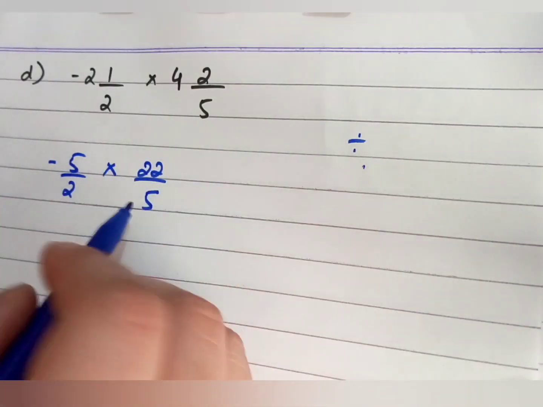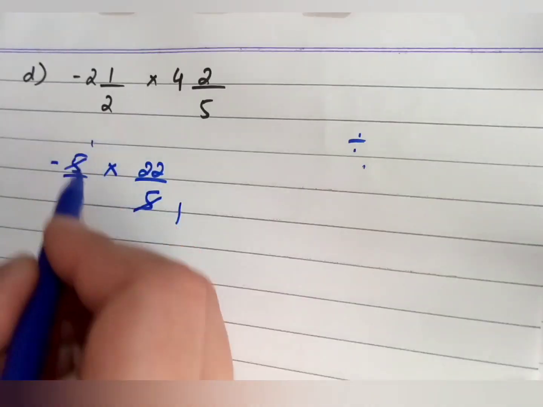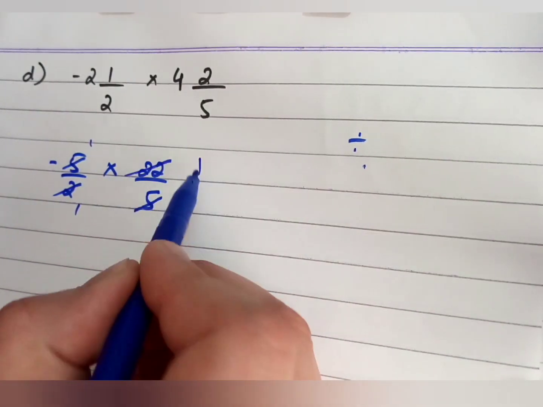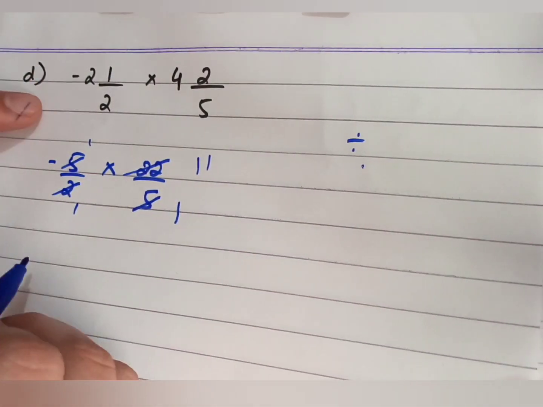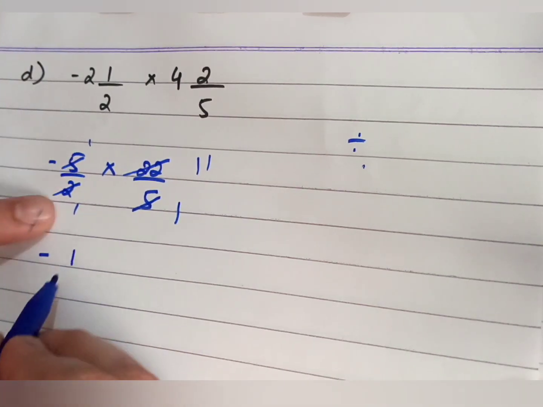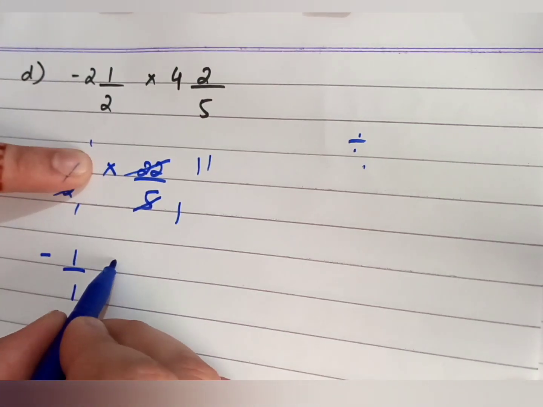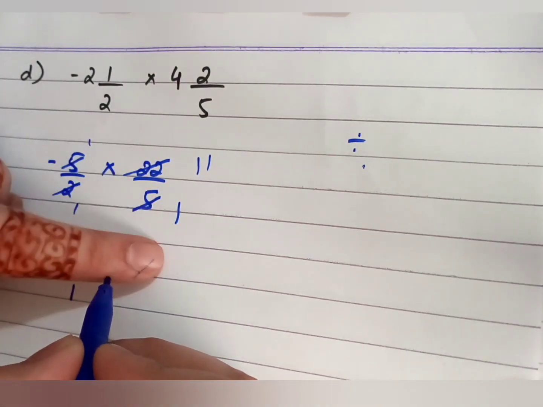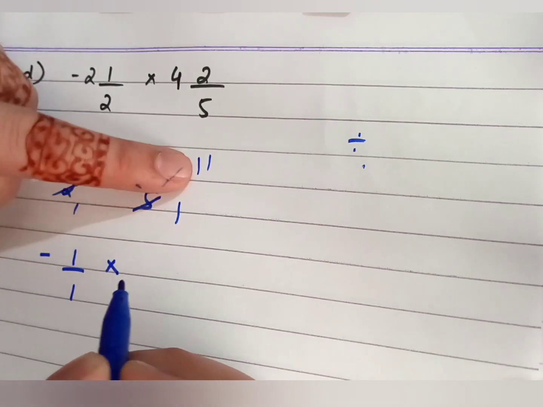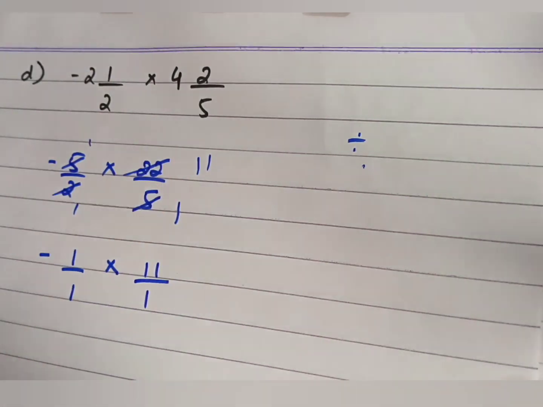Now I just simplify by doing the cross cutting. 5 1s are 5, 5 1s are 5 in both situations, and 2 1s are 2, 2 1s are 2. So what do we get next? First of all put the minus sign, minus, then 1, and what is left in the denominator? 1. What is the sign next? Multiplication. Now after solving this fraction, we get the new one, that is 1 by 1, 11 by 1.